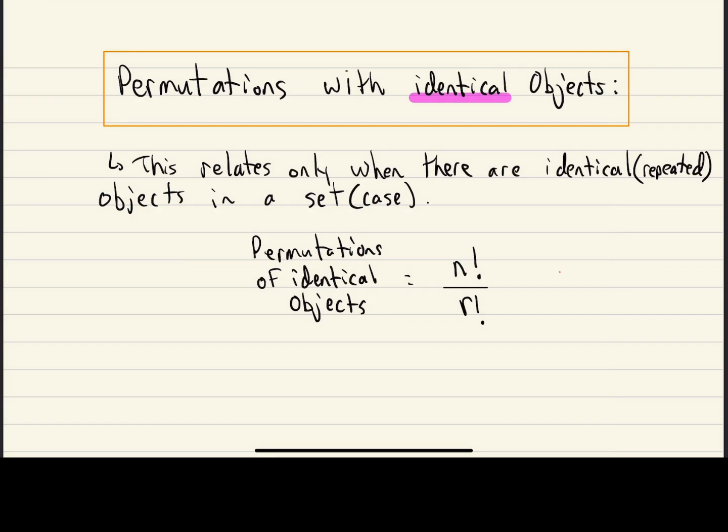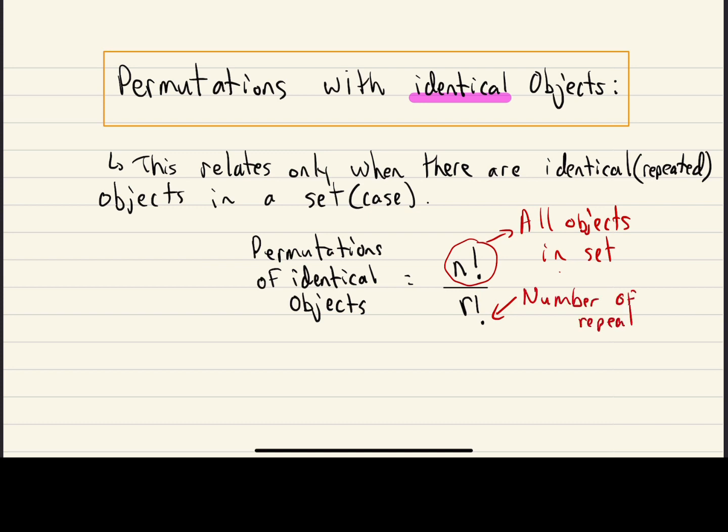So sometimes we have permutations that have identical or repeated objects within the set. And so when you have permutations with identical objects or repeated objects in a set, the formula is going to change a little bit, where the permutations of identical objects is equal to n factorial, which would refer to all objects in the set, or number of objects in the set, divided by r factorial, and this would be the number of repeated objects.